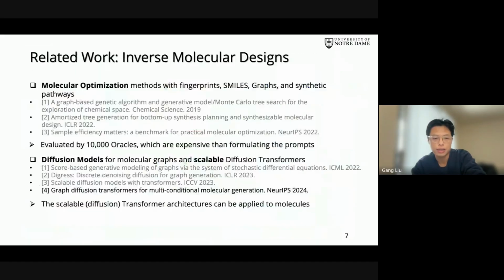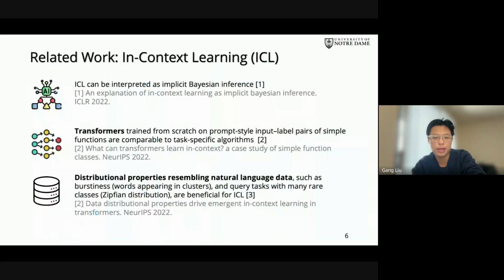Many works find that adding more tasks, even very rare ones, is very helpful for pre-training foundation models. Generally, I think this conclusion holds for molecules as well, but we didn't do experiments to verify this.